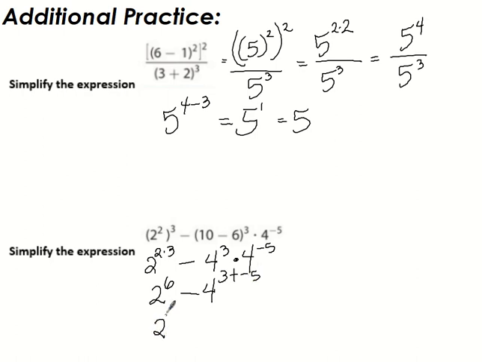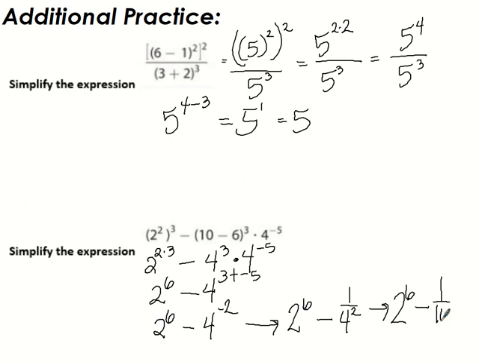And we're going to get 2 to the sixth minus 4 to the negative 2. Now we have to apply our negative exponent property. I'm going to leave 2 to the sixth. These don't have the same base. Minus 1 over 4 squared. But remember, this is squared, so we're going to go 2 to the sixth minus 1 over 16. And that's going to be our final answer.